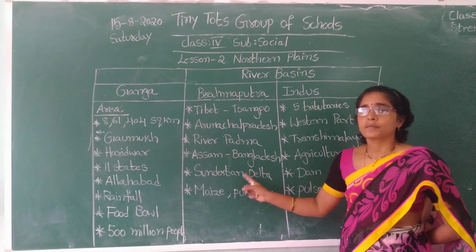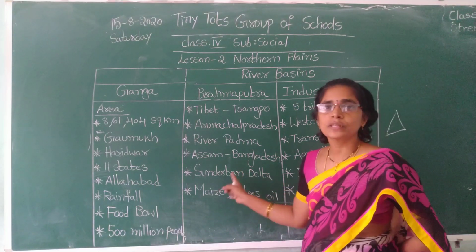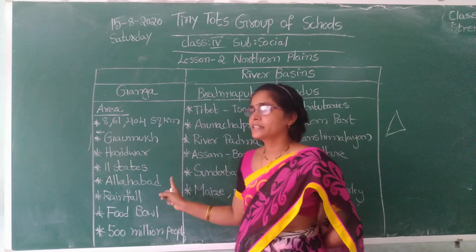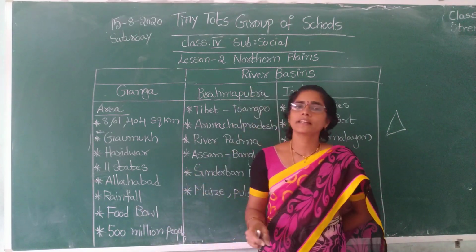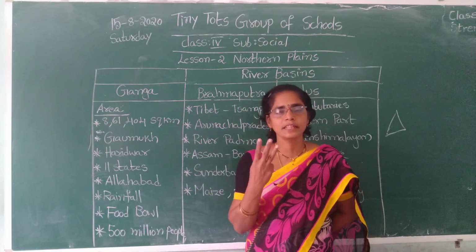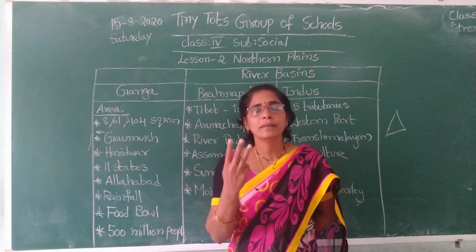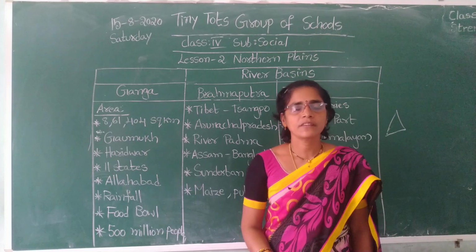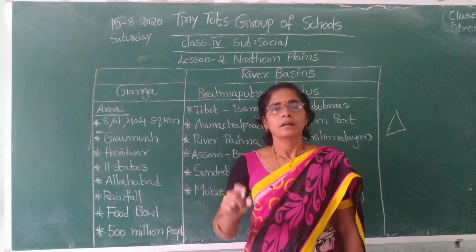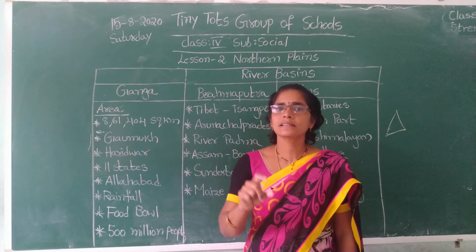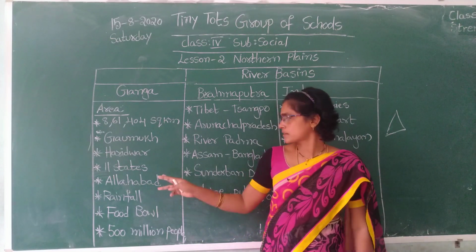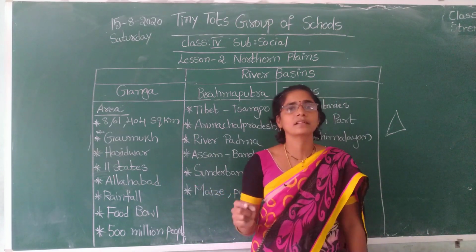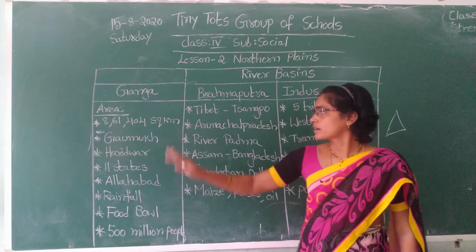And here write Sundarban Delta. And right here Allahabad, it is called Sangam. Why? Because three rivers are mixing there, and that mixing point is called Triveni Sangamam. Ganga, Yamuna and Saraswati. These three rivers are mixing here near Allahabad, and it is called Sangam.